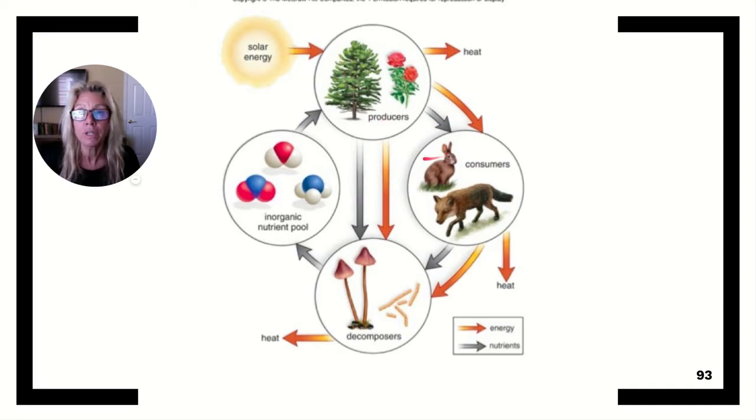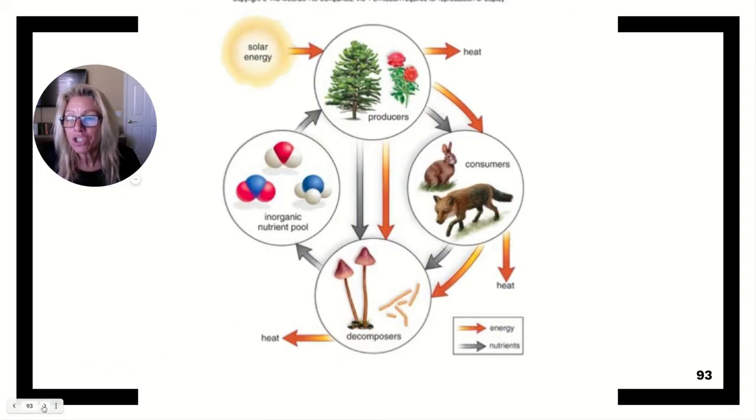Now we're talking nutrients. Decomposers can work on both the producers and on the consumers and return those nutrients to this inorganic pool, which then the sun can use the sun's energy to take these inorganic molecules and make them organic again. Every time it changes forms, you lose some as heat, right? And how do you know that? The second law of thermodynamics.